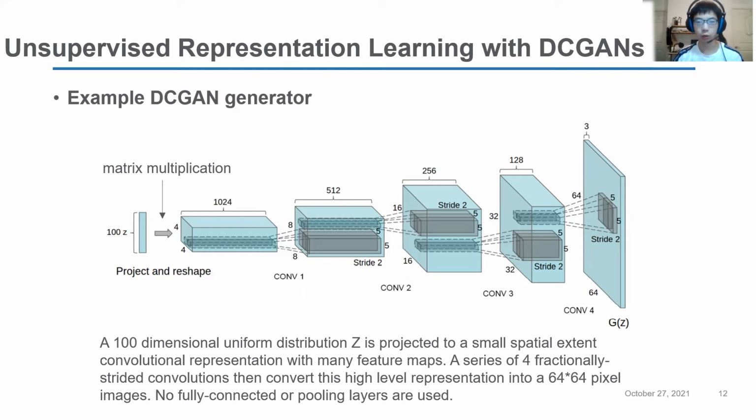So after the generator, we can transform the Z into an image. Note that no fully connected or pooling layers are used.